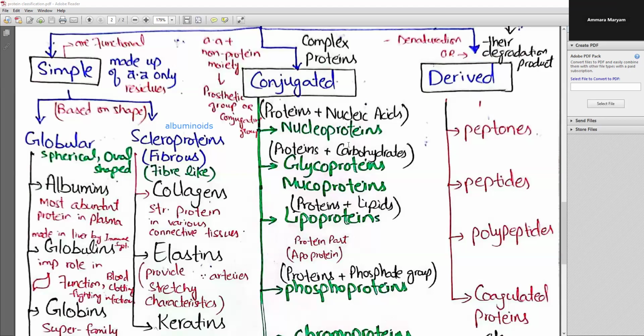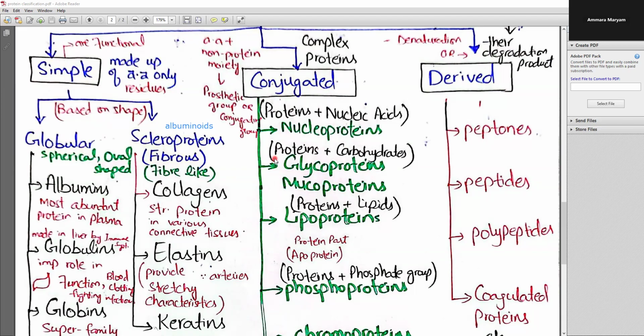So we can write that in addition to the amino acids, these proteins contain non-protein moiety. This non-protein moiety can be a prosthetic group or it can be a conjugating group. So if I want to show this in the simplified manner, I can write simple proteins plus non-protein group.